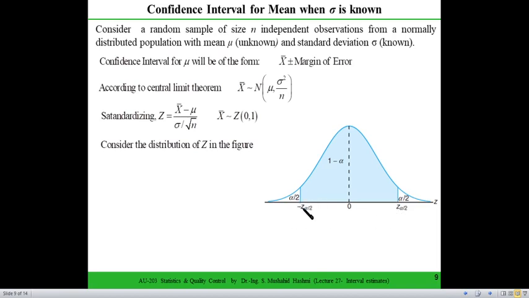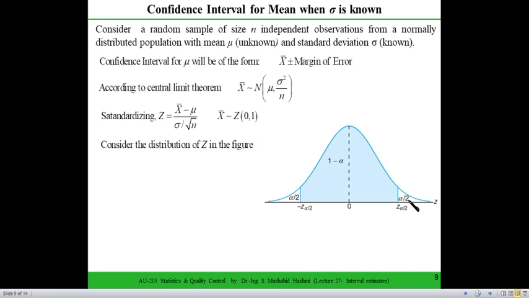We can see these limits are generated on the basis that 1 minus alpha is a probability. Say this is a 95% area, then alpha would have a value of 0.05, so 1 minus alpha would be 0.95. If this shaded area is 0.95, then the white area in total is 5%.